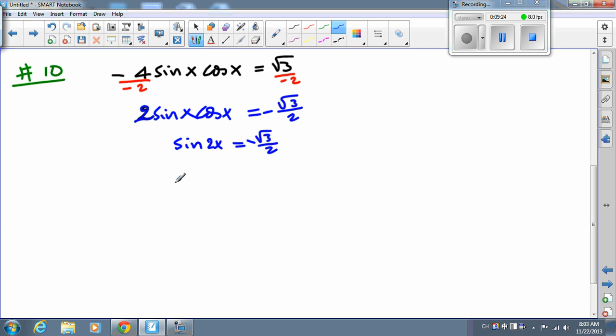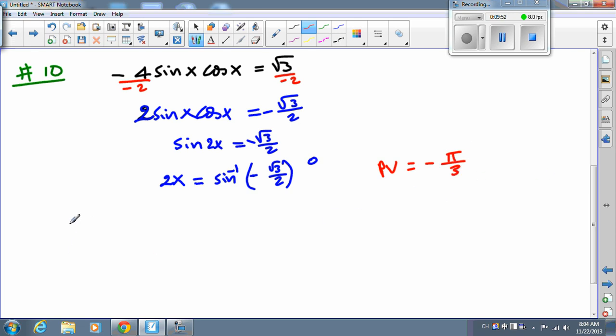So I can now say that 2x is equal to the sine inverse of negative square root of 3 over 2. All right, opposite is square root of 3, hypotenuse is 2, and this is in the 4th quadrant. Feel free to graph your triangle, but I can say that the PV here is negative pi over 3.